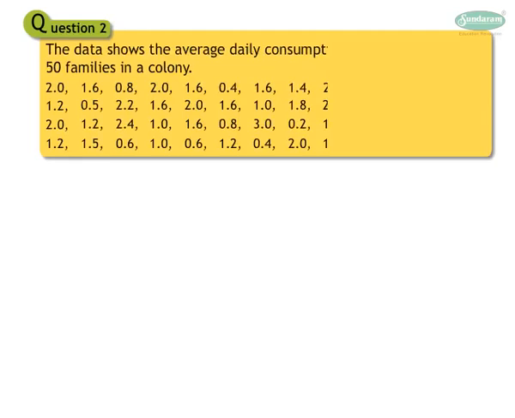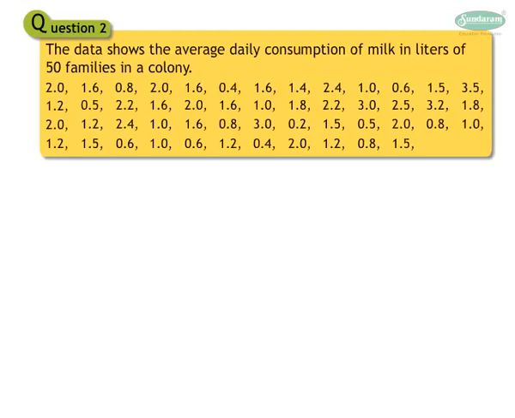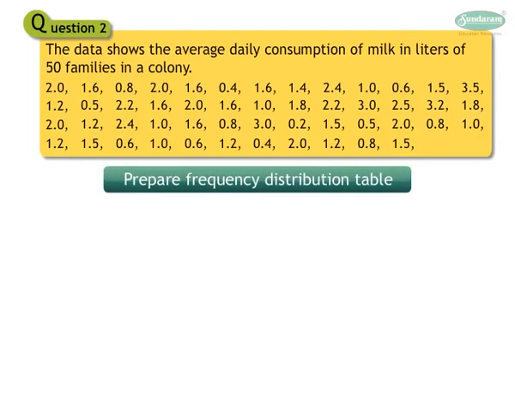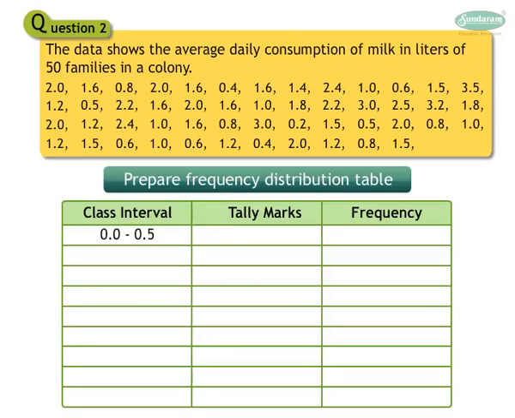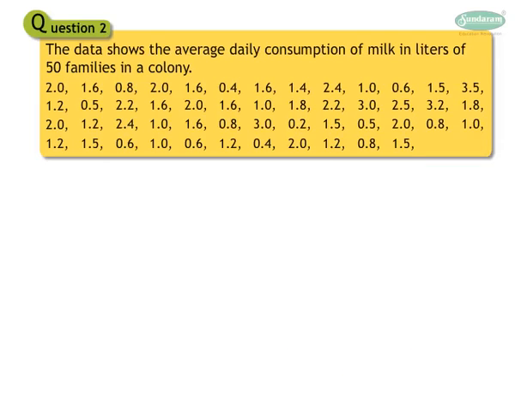Question 2. The data shows the average daily consumption of milk in liters of 50 families in a colony. We have to prepare frequency distribution table with classes 0.0 to 0.5, 0.5 to 1.0 and so on. Also, we have to draw histogram. Step 1. Check for the classes.